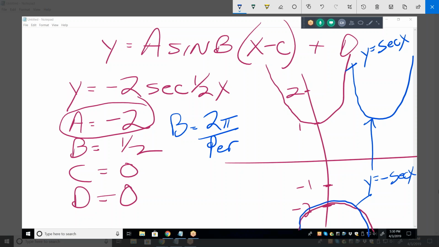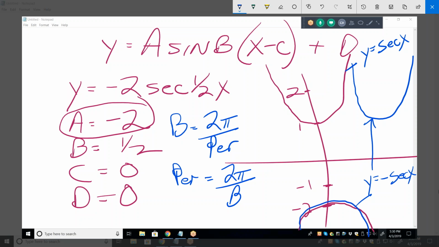So I need to figure out the period. I know what b is. B is 1/2. What's the period? In other words, if b is 2 pi over the period, then also the period is 2 pi over b. With me? Yeah.